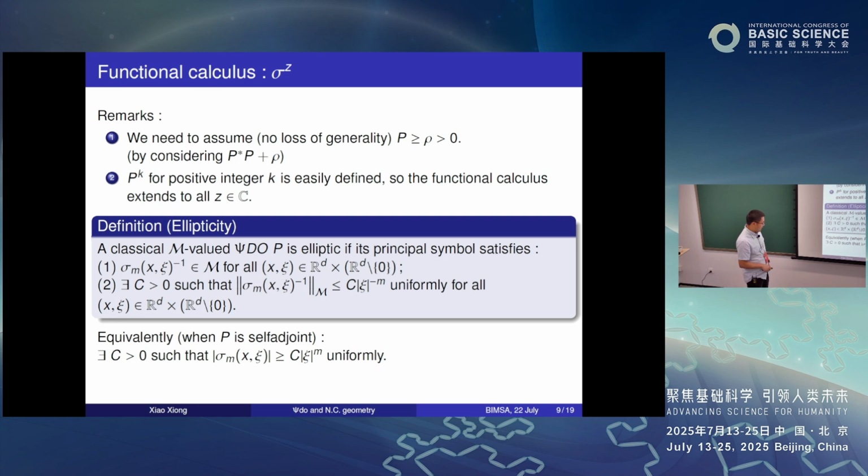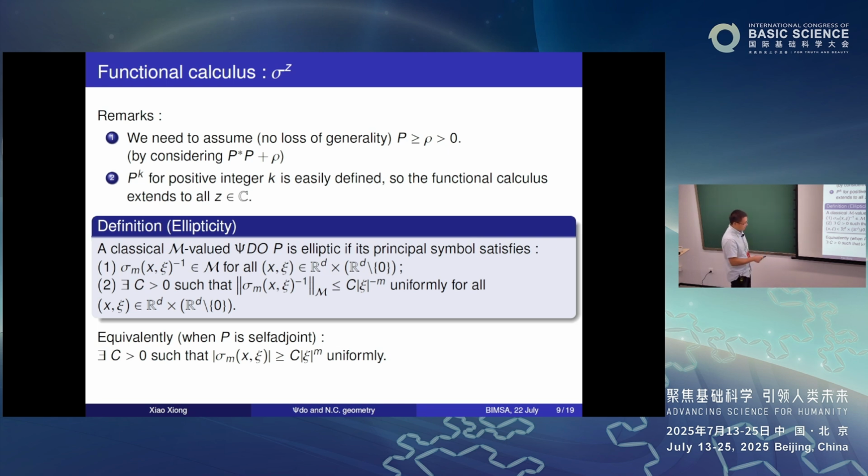The complex power of a symbol can be done in this way. We can assume the ellipticity of the operator. If we just look at the scalar valued case, we can just assume that pointwise the symbol is large enough, but here with some uniform constant c.